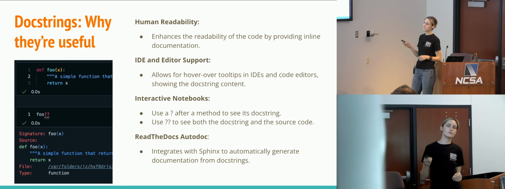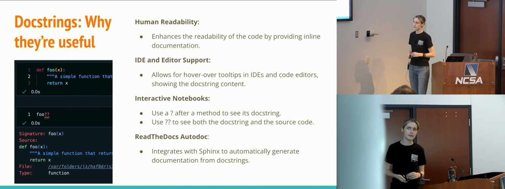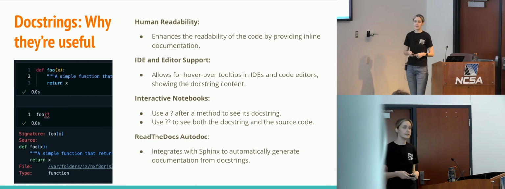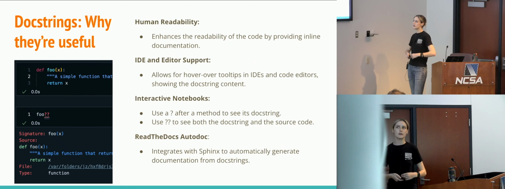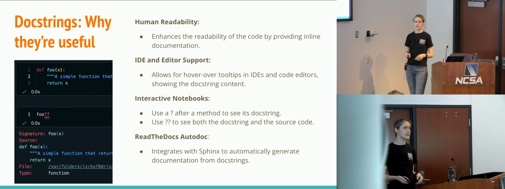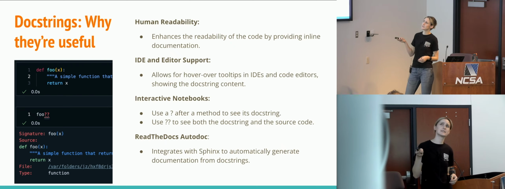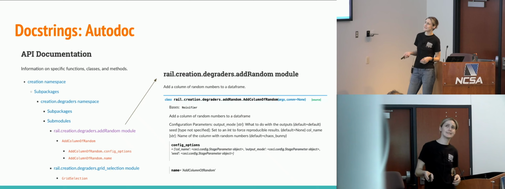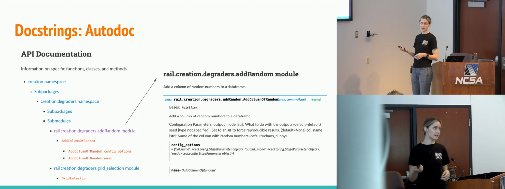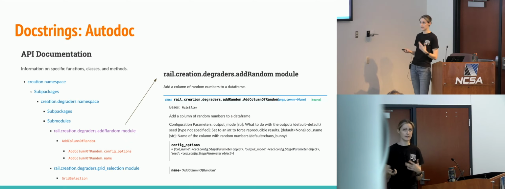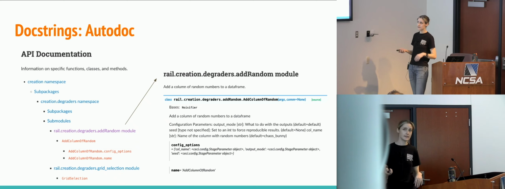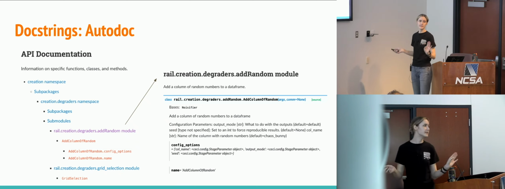And the final really great thing about doc strings is if you're using read the docs, you can use AutoDoc, which will automatically generate documentation based on your doc strings. This is an example of the Rail AutoDoc section of its read the docs. Nobody has generated this.